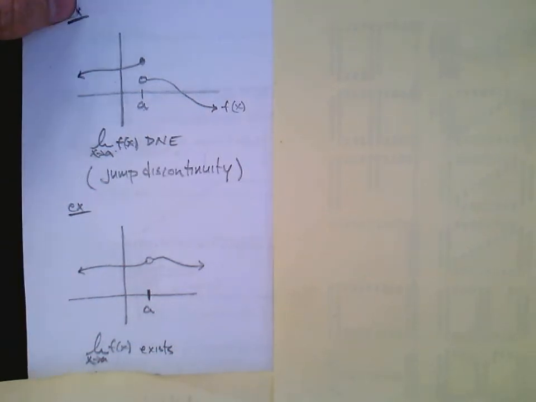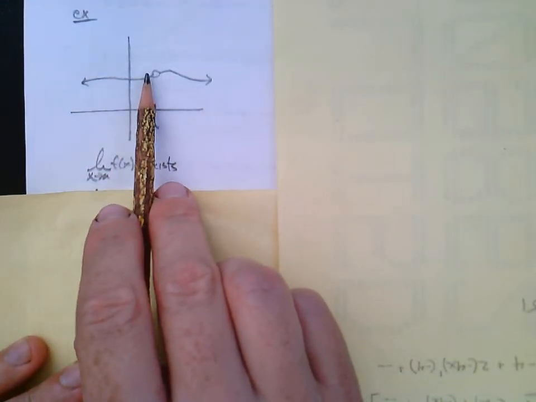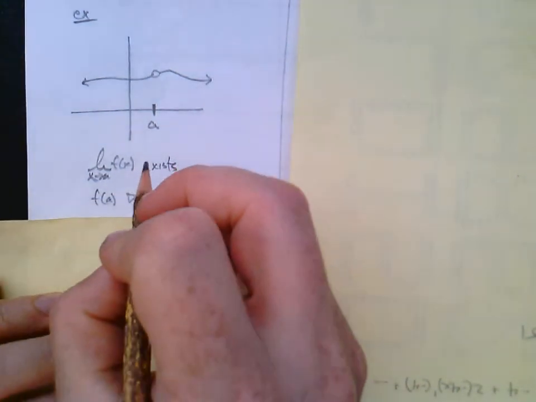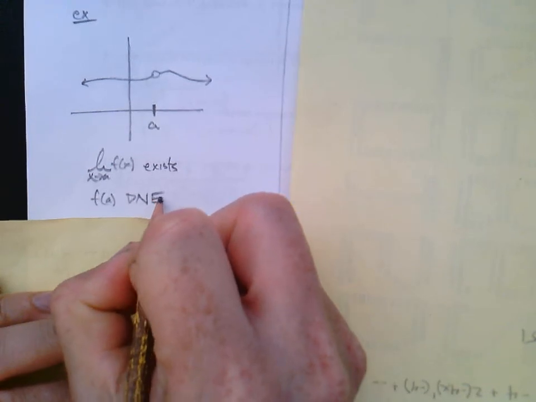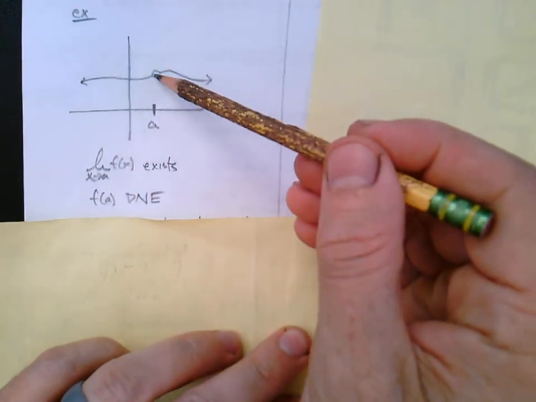That limit does exist because the left side and the right side are going to the same location. So wherever that y value is, which isn't labeled, but that's okay, the limit does exist. However, in this drawing, I don't see any point there at a, and it's not there, but it's nowhere else either.